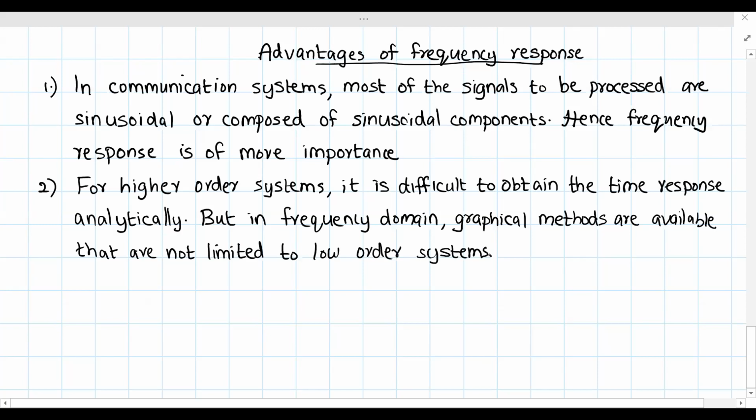So suppose you have a second order, third order transfer function, then you can find the time response. But as the order increases, it becomes difficult to find the time response.